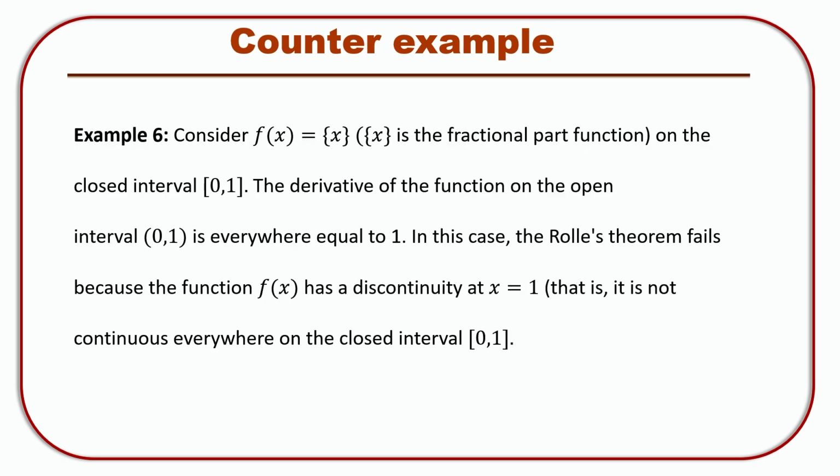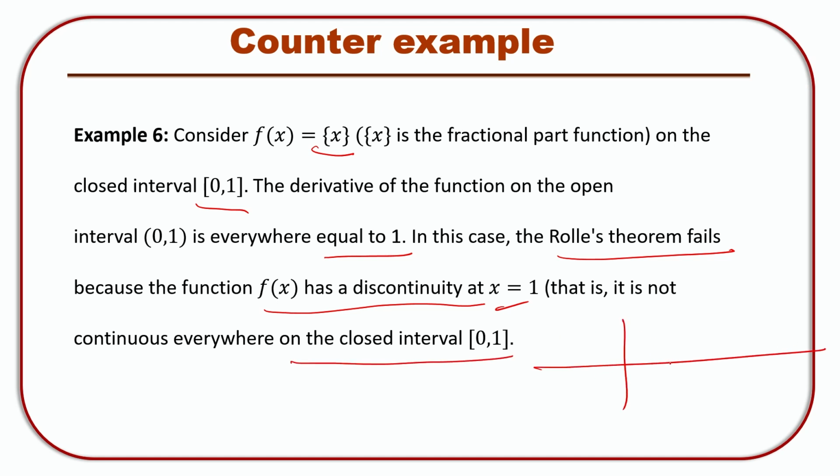Similarly, consider the fractional part function f of x equal to fractional part of x on the closed interval 0, 1. The derivative of the function on the open interval 0, 1 is everywhere equal to 1, right? In this case, Rolle's theorem fails because f of x has a discontinuity at x equal to 1. It is not continuous everywhere on the closed interval 0, 1.